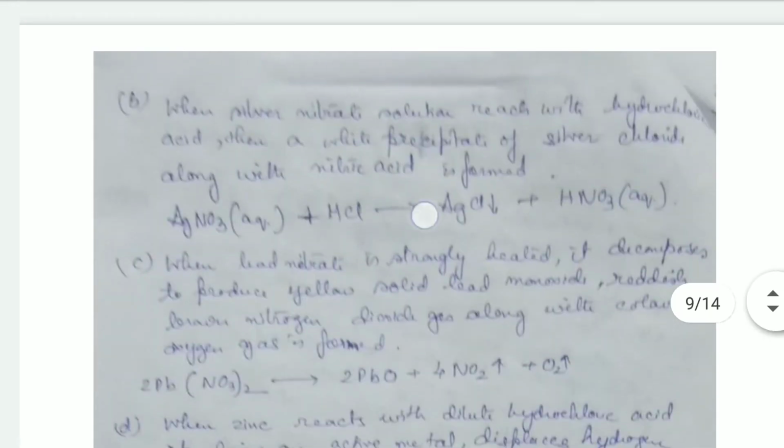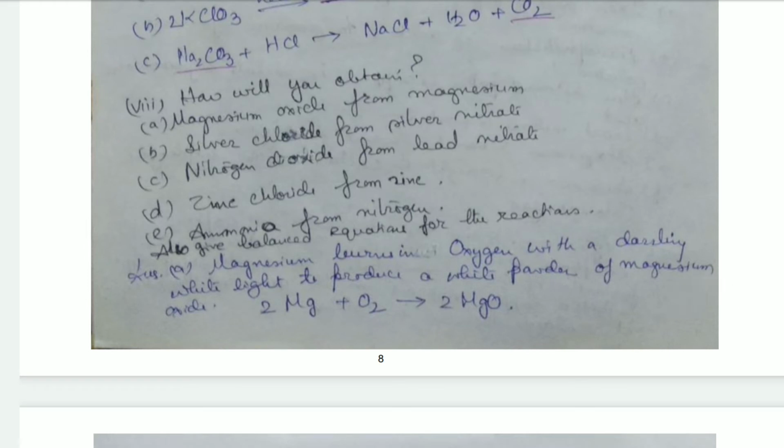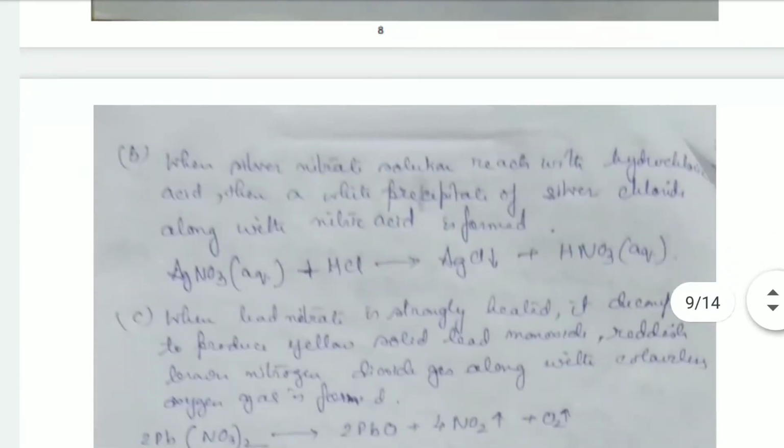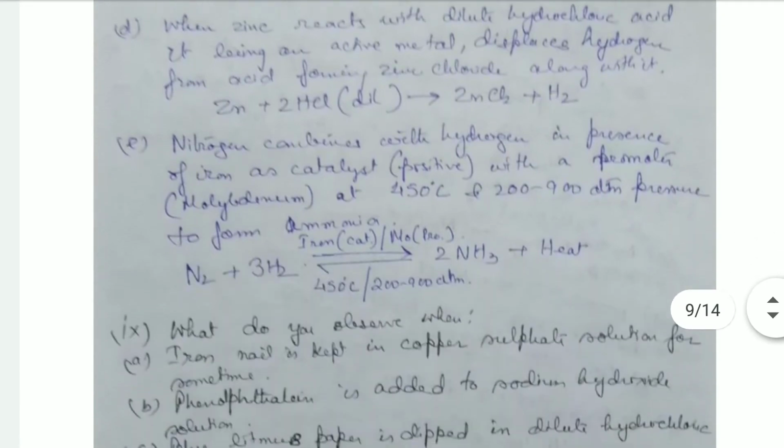Then the fifth one is how to produce ammonia from nitrogen. Okay, so nitrogen combines with hydrogen in the presence of iron as a catalyst with the promoter molybdenum at 450 degrees centigrade, and pressure has to be 200 to 900 atmospheres to form ammonia. It's a reversible reaction.